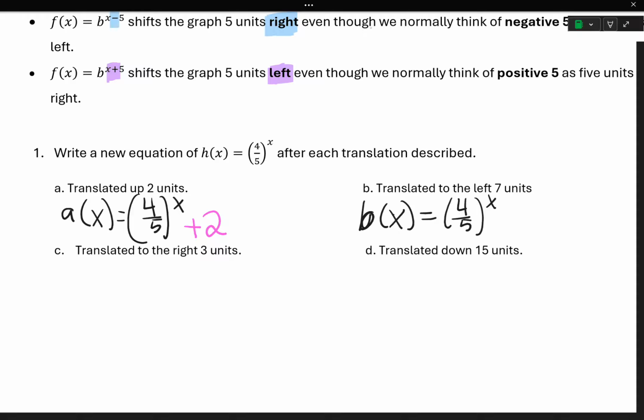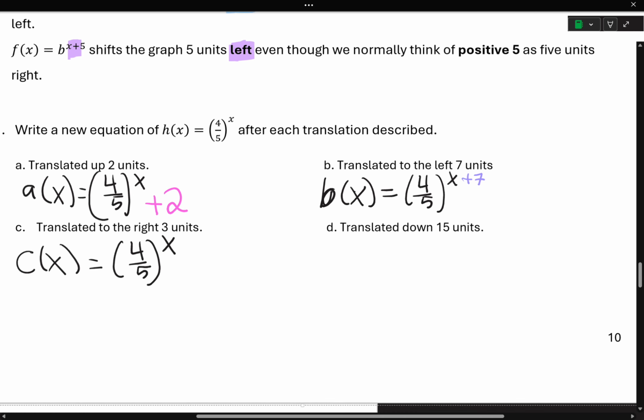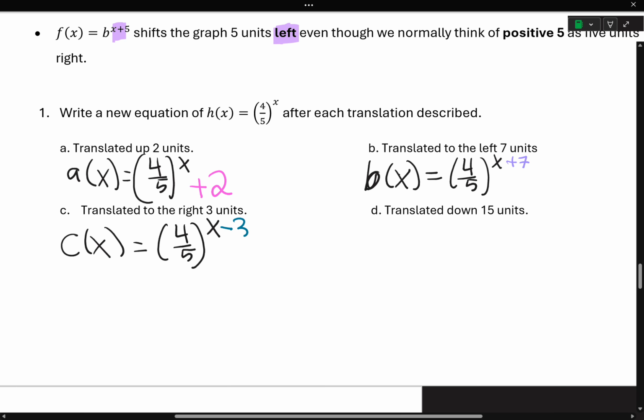I know, weird. If we were to translate it to the right 3 units, we would have 4/5 to the power of x minus 3. And finally, if we translated it 15 units down, we would have 4/5 to the power of x and then minus 15.